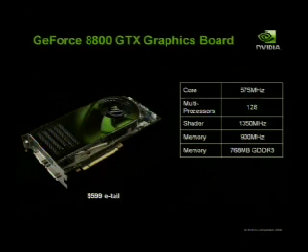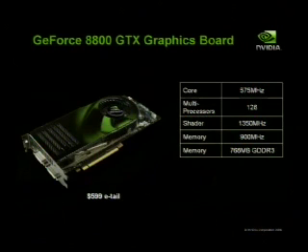The first implementation of this is in the 8800 GTX. Just some data here. The core clock is running at 575 megahertz. It has 128 multiprocessors; basically, that means there are 128 ALU engines in the chip.